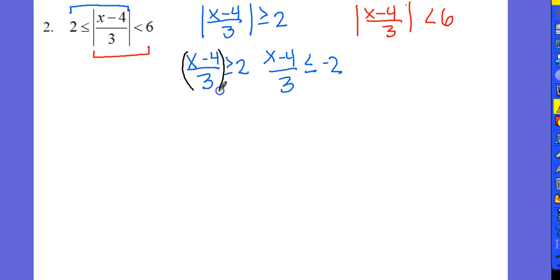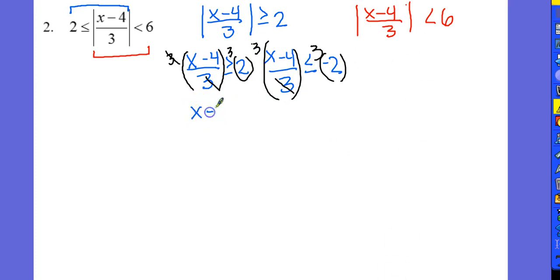So I'm just writing in pencil here so that I can indicate that this is not the original thing that I did. I'm clearing the fractions, so I'm going to multiply each section times 3 so that I can clear out the denominator. Then I'll go back to my blue pencil.